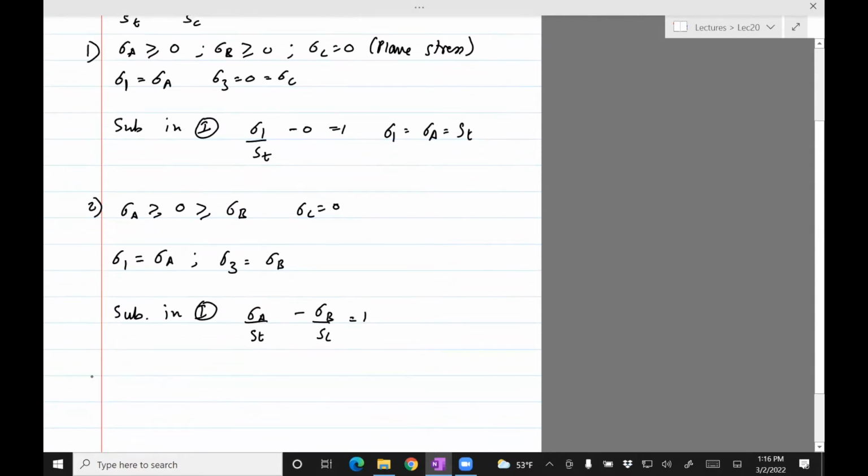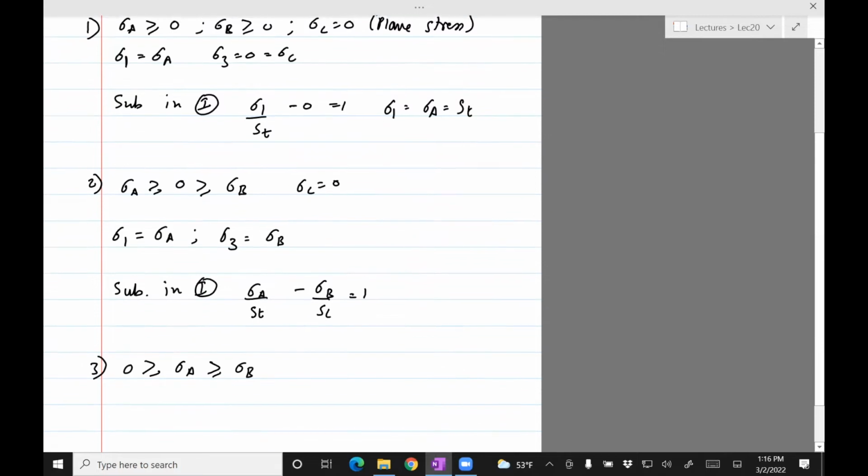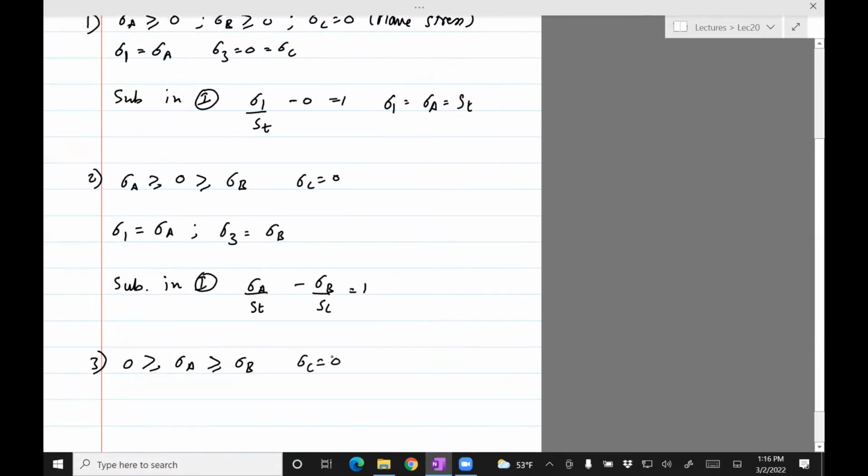And then we just have one more case corresponding to both these stresses being negative. So 0 is greater than sigma A, which is greater than sigma B, and sigma C is obviously 0.